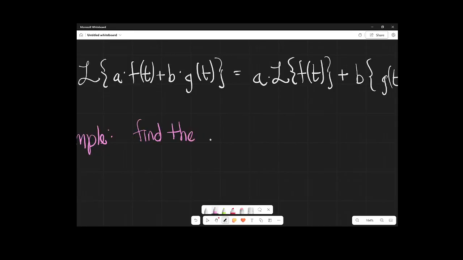Find the Laplace transform of the following functions.